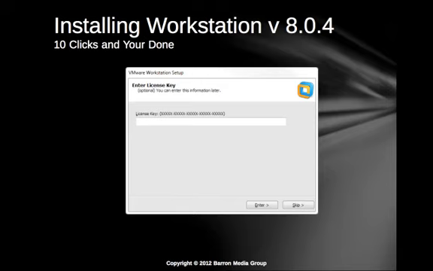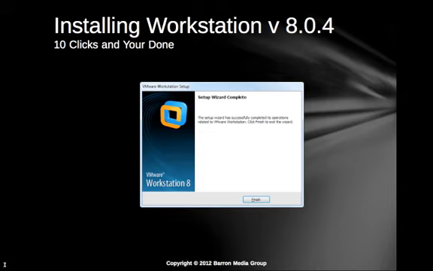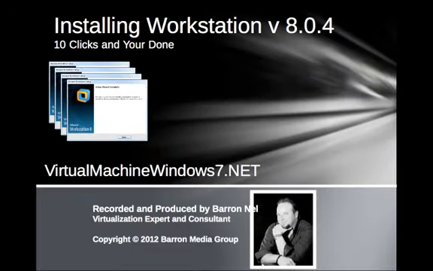Now with the evaluation version, you can skip the license key. There's no license key. If you have purchased a license key, then this is where you would enter it, and obviously you have the option to enter it at a later stage. So I just hit skip, and that's pretty much it. The wizard's complete, and I click on finish.